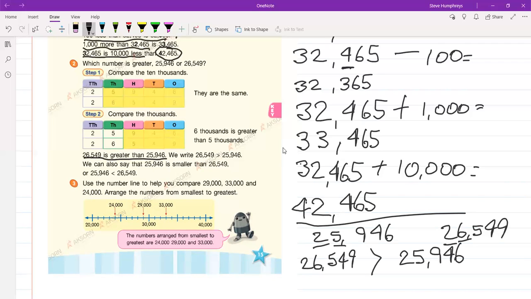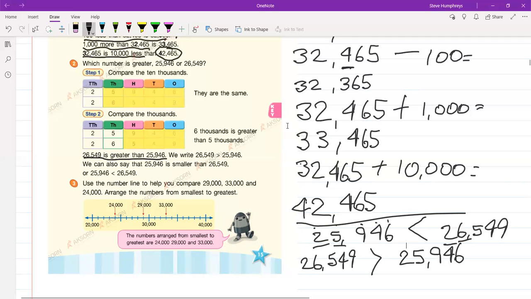Or it can say it's smaller than, here, if we go back here, 25,946 is less than 26,549. Use that symbol for less than.